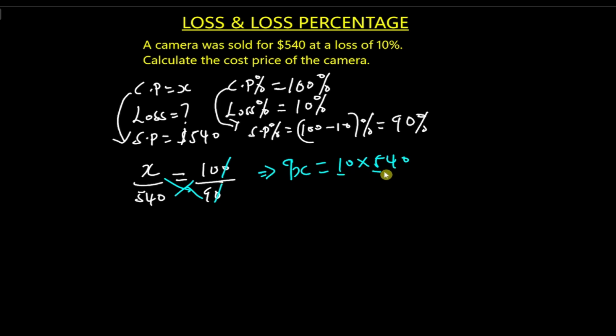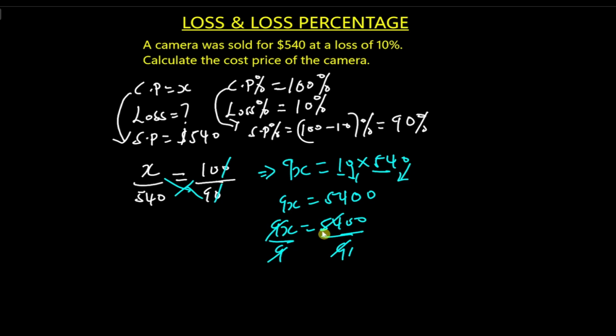Now 1 times 54 is 54, and then you bring these two zeros over there. So you have 5,400. Now 5,400, let's divide both sides by 9. So here by 9, the 9 cancels out. 9 goes into itself 1 and goes into 54 6 times. Finally we have 600.